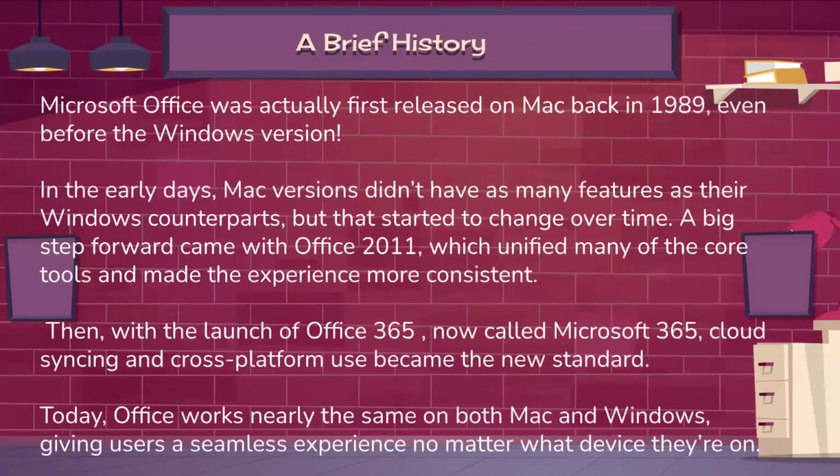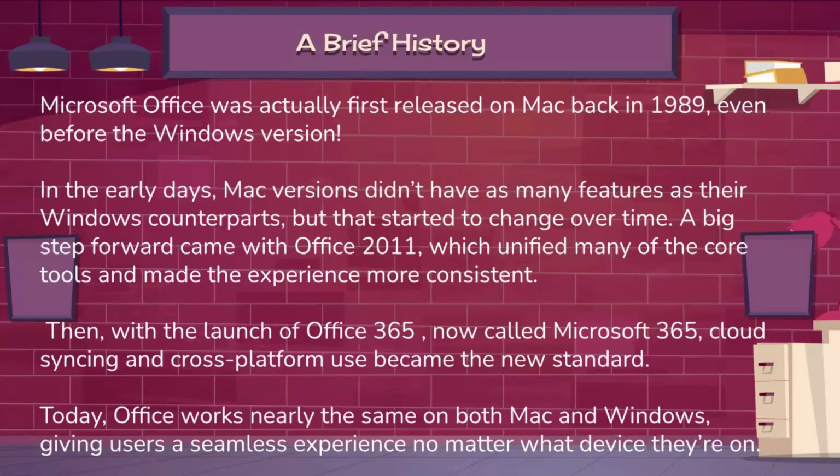A brief history: Microsoft Office was actually first released on Mac back in 1989, even before the Windows version. In the early days, Mac versions didn't have as many features as Windows counterparts, but that started to change over time. A big step forward came with Office 2011, which unified many of the core tools and made the experience more consistent.